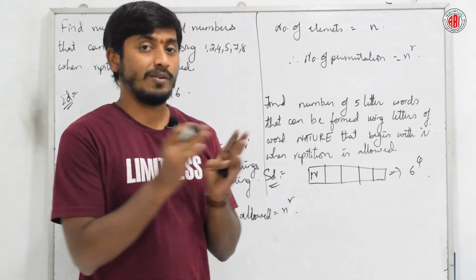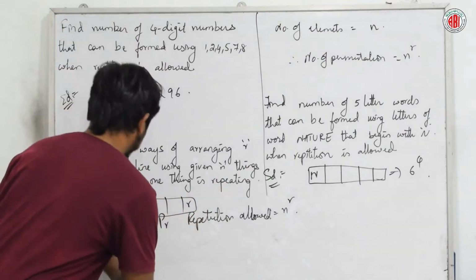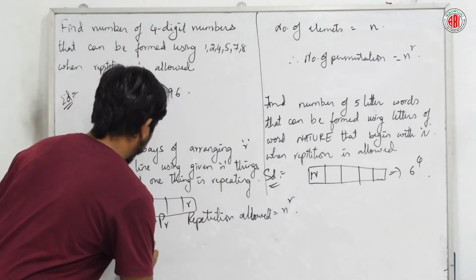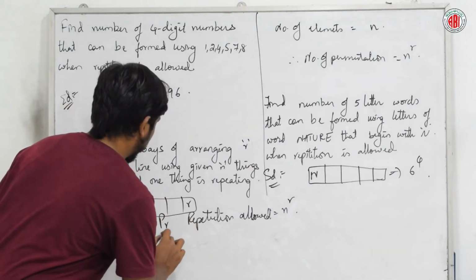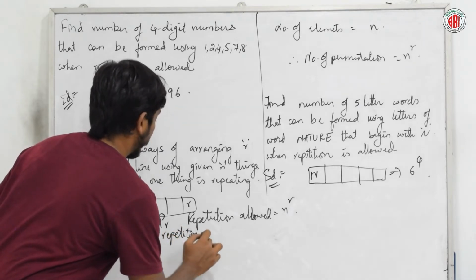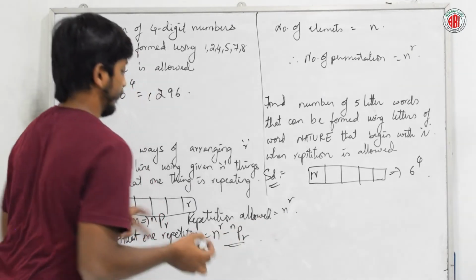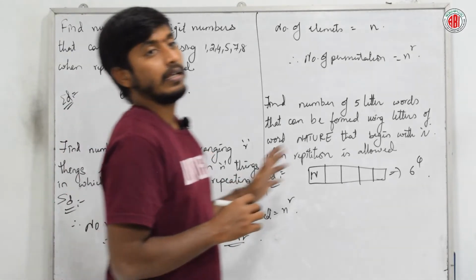Yes or no? Either 1 or 2 or 3 or 4. So therefore at least one repetition is given by n power r minus nPr. Is it clear? Did you understand?